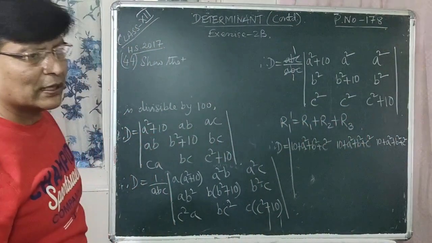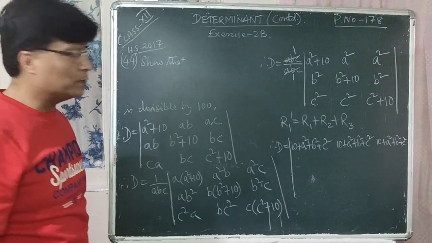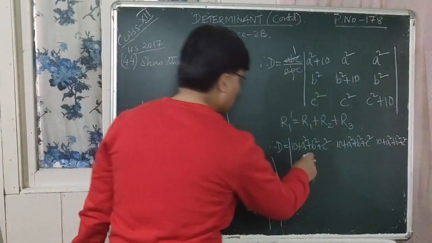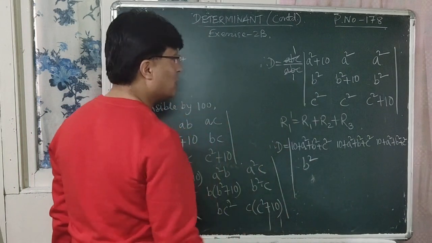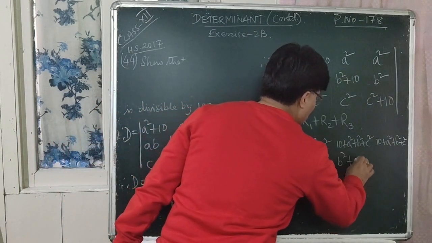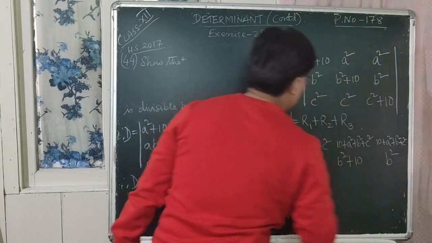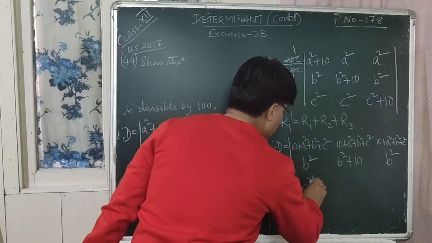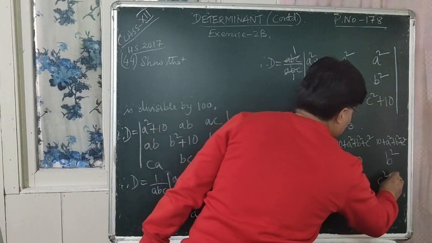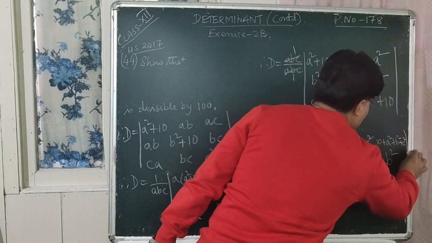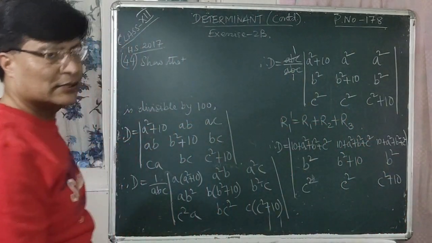So this is the third element of the first row. Okay. Now all the second row remains same: B square plus 10, B square. What is the third one? Third row remains same: C square, and this is C square plus 10. Is it clear now?